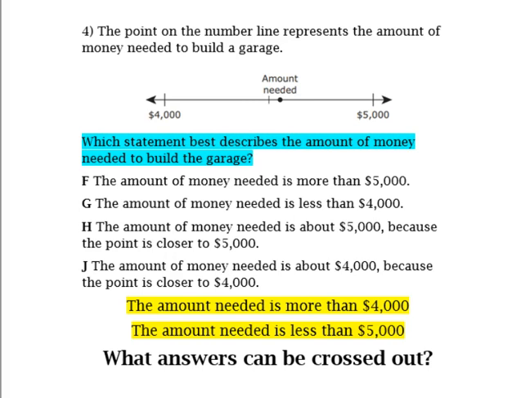So looking at our answer choices, are there any answers we can immediately cross out because we know they are wrong? And again, it's always good to take this step because in doing so, you can increase your chances of getting the problem correct. Let's see if we came up with the same thing of what we can cross out.